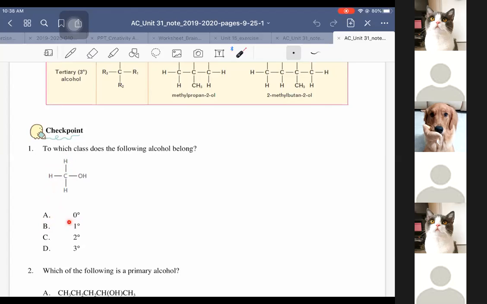That's still primary alcohol. Methanol is a special case: it's attached to three hydrogens and still primary alcohol, because we don't have any alcohol that is 0 degree. Remember, don't choose D because it's attached to three hydrogens, not three alkyl groups. So it should not be the tertiary alcohol here. The correct answer, please jot it down, should be B.